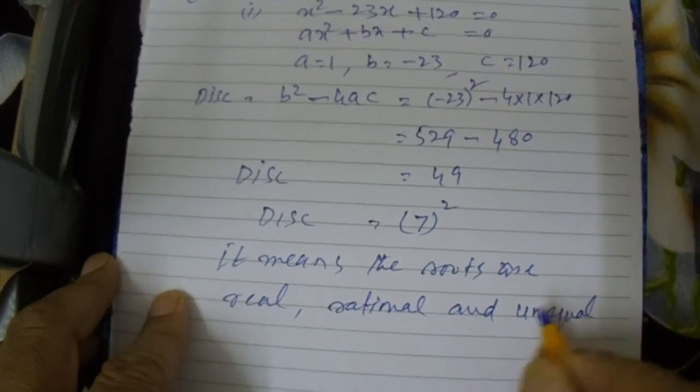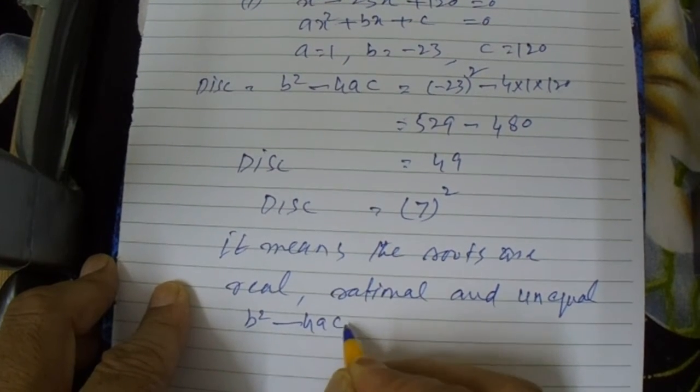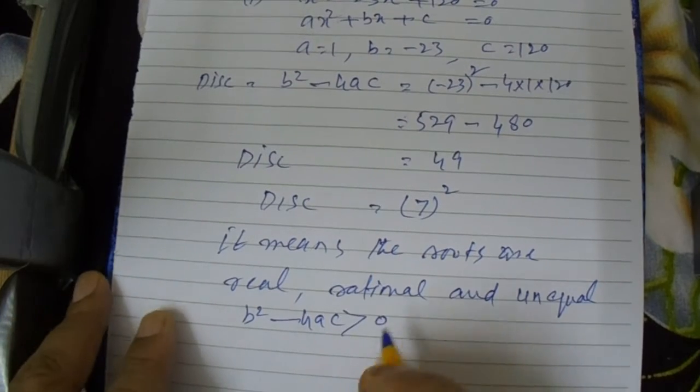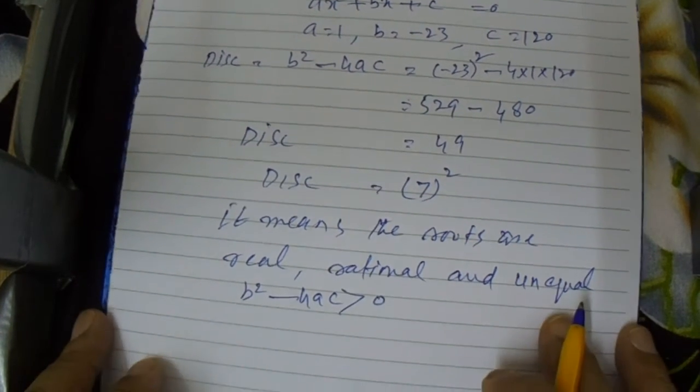This is because we know that if b square minus 4ac is greater than 0 and a perfect square, then the roots are real, rational and unequal.